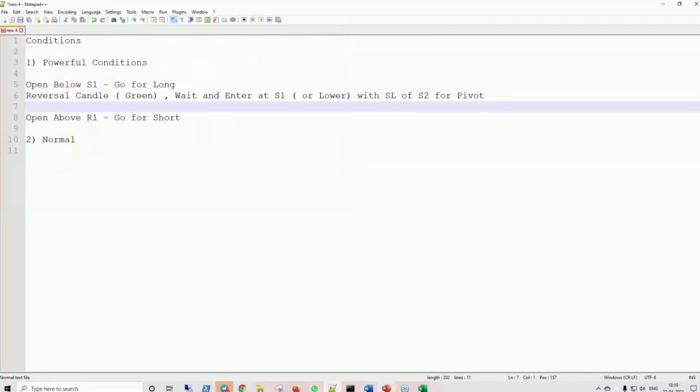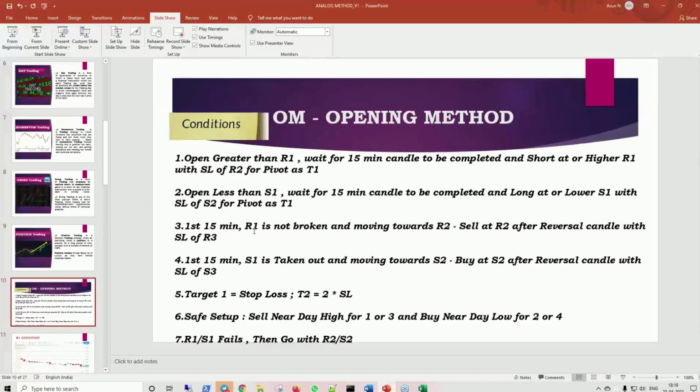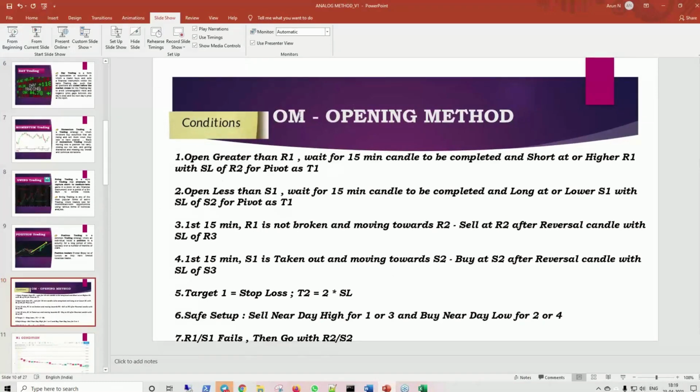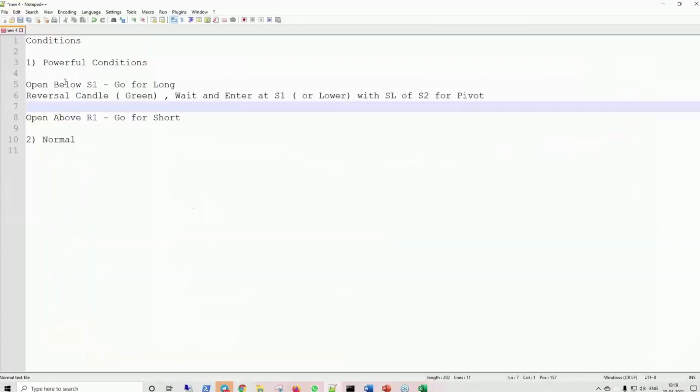Okay, so let us see some examples so that you will get a clear picture. So these are the overall available conditions. We have a max of 6 conditions or 6 setups. In that, 2 setups are very, very powerful, and in your initial days try to trade only on those setups. Okay, so these ones.